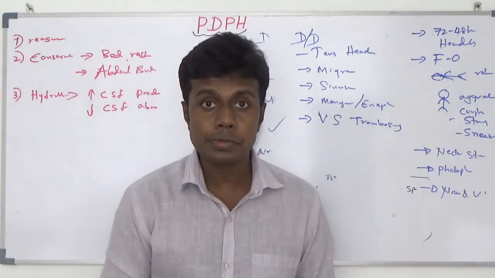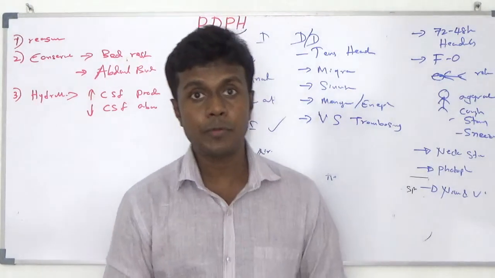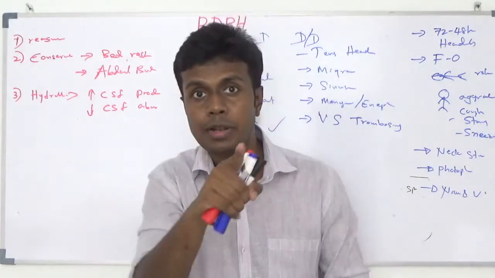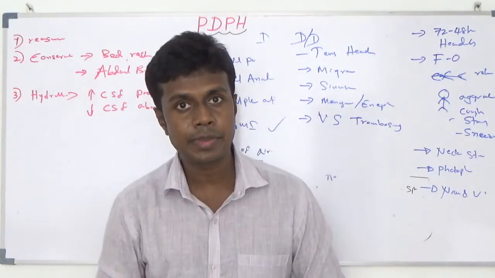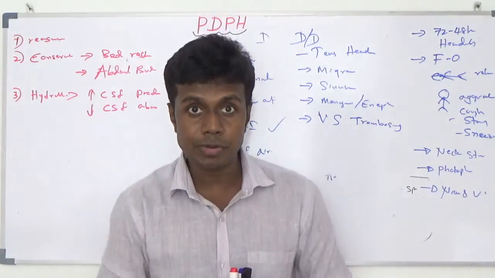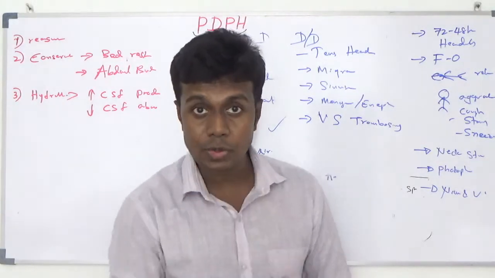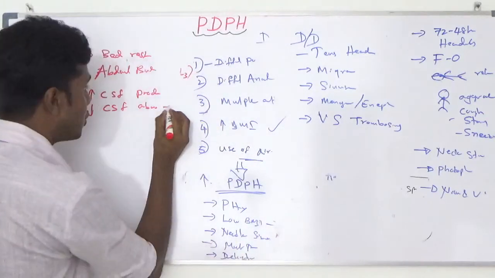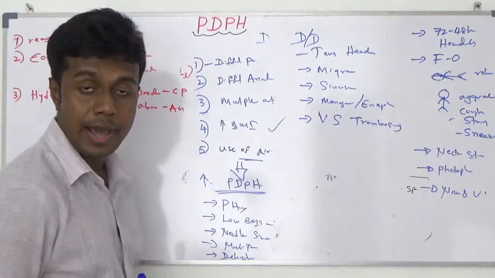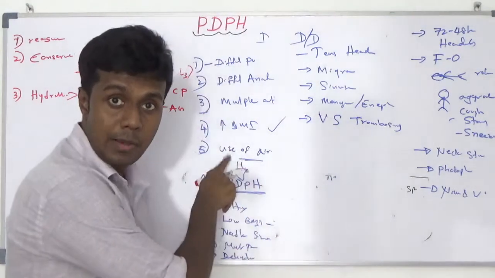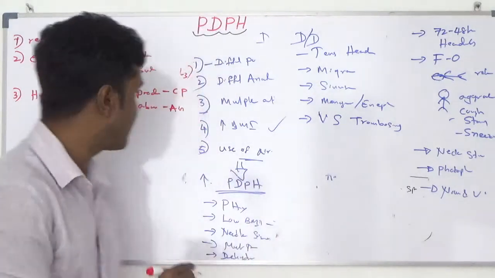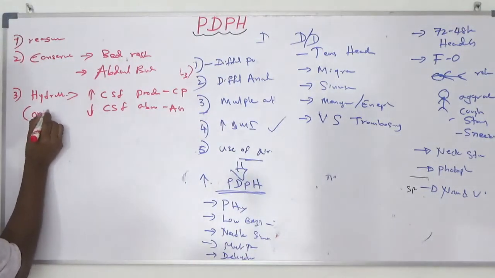If you have low venous pressure, it is rapidly absorbed. If you have high venous pressure, by giving IV fluid or hydration, it will reduce the CSF reabsorption. CSF reabsorption happens at the level of the arachnoid granulation. You have to hydrate the patient either with oral or IV fluid.